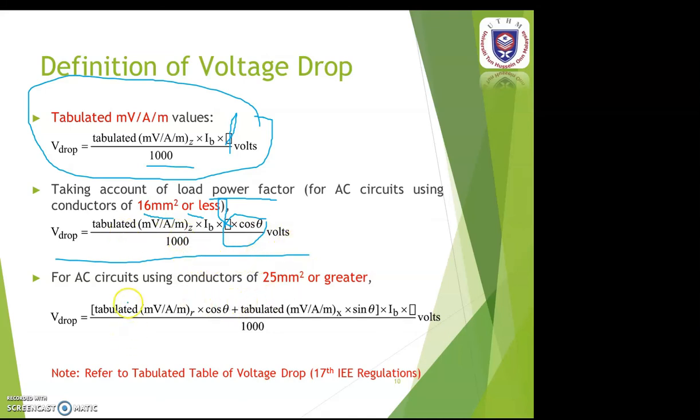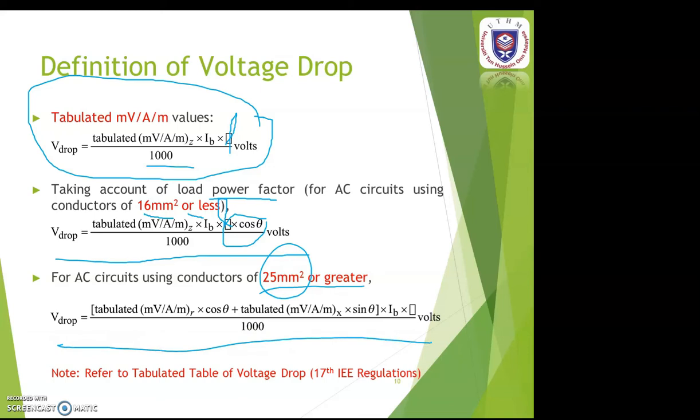Okay, so for the AC circuit where the conductors are greater than or equal to 35 square millimeter, then you can use this equation.